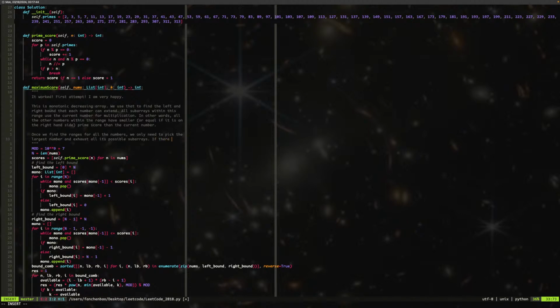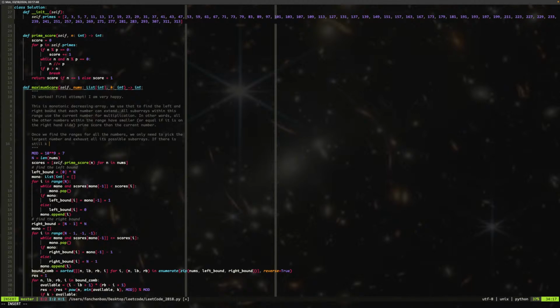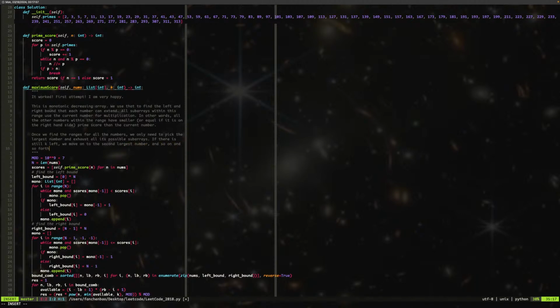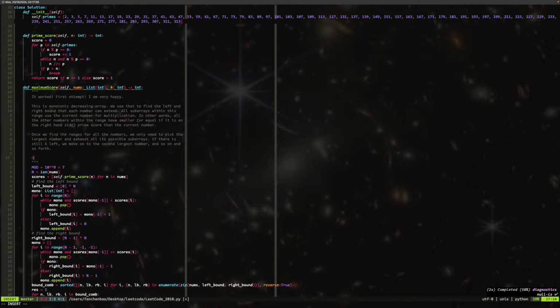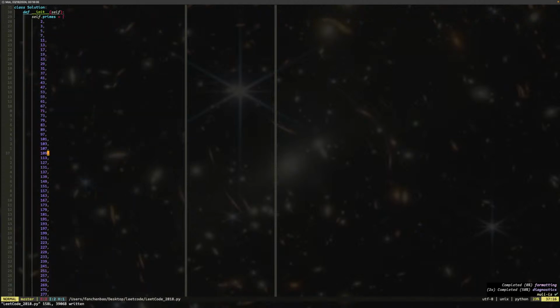If there is still k left, we move on to the second largest number, and so on and so forth. So O(n log n) for sorting, and everything else just works.